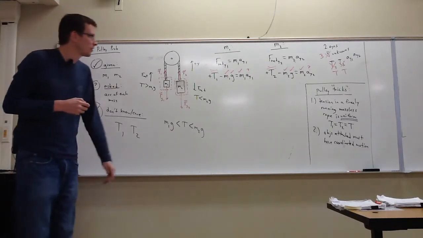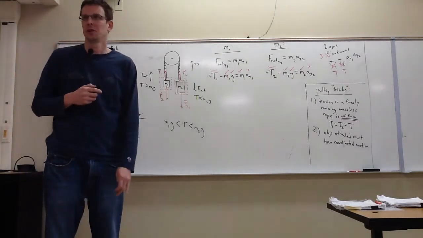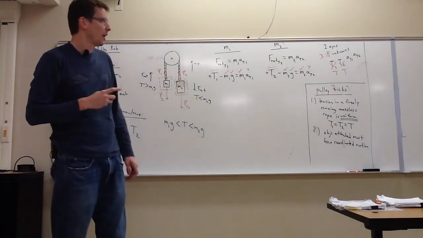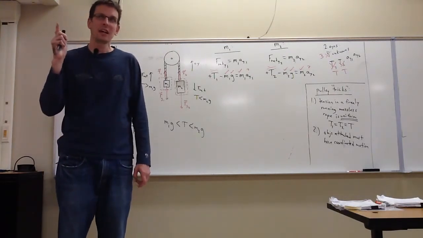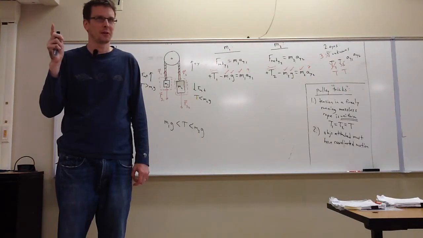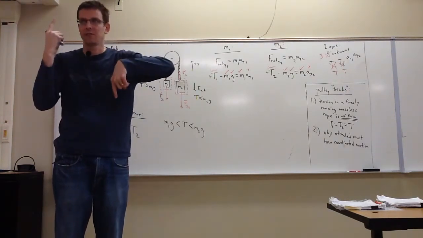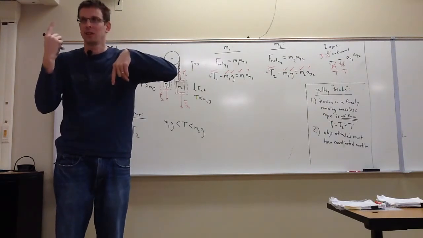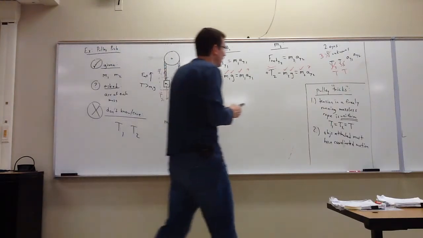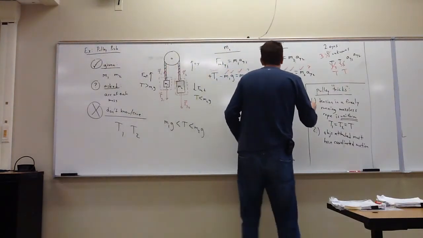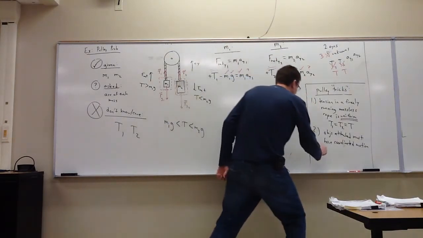And in my case, what I'm going to note is you have to be careful. The accelerations aren't the same. What's different about the accelerations? Direction, right? One is going up and the other one's going down. So they have the same size, but one is up and one is down. So if I wanted to write that, I would have to acknowledge that, where do I put it? I guess I'll put it down here.